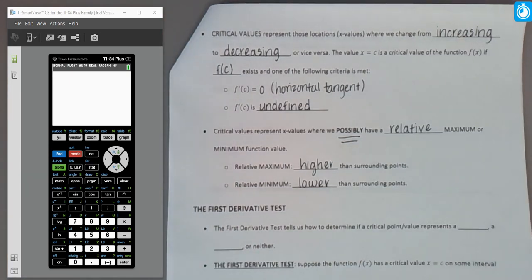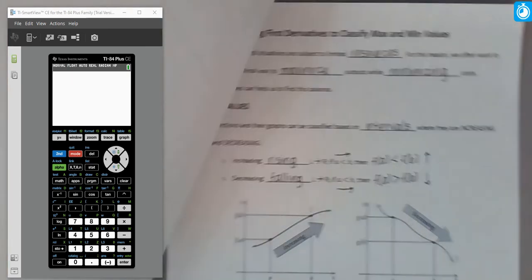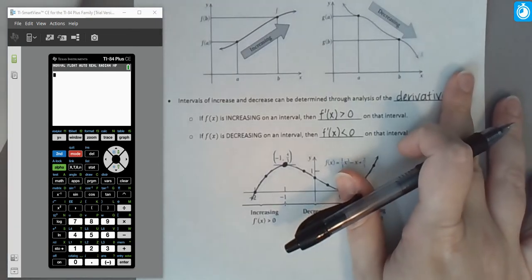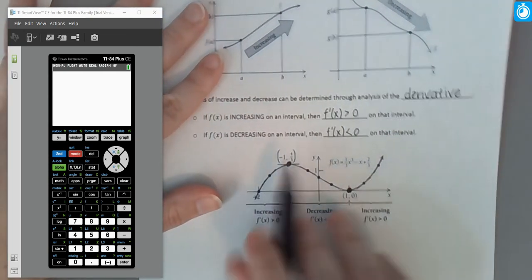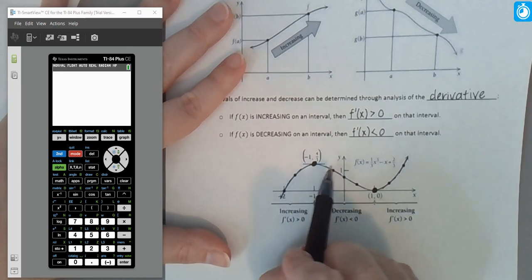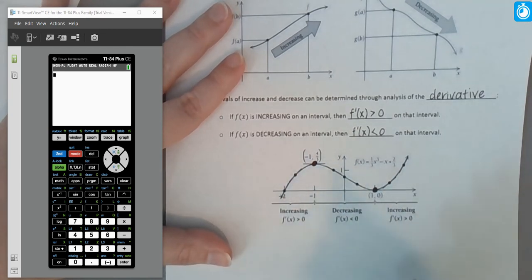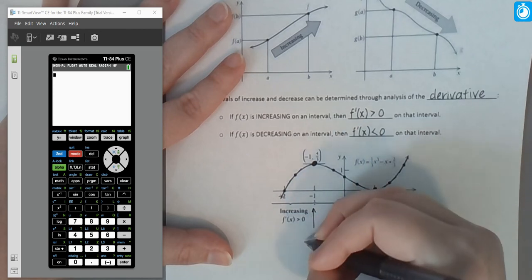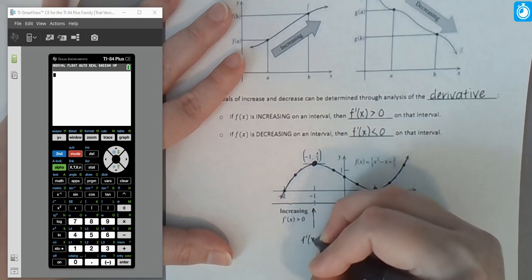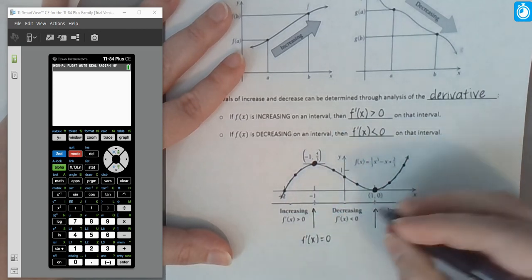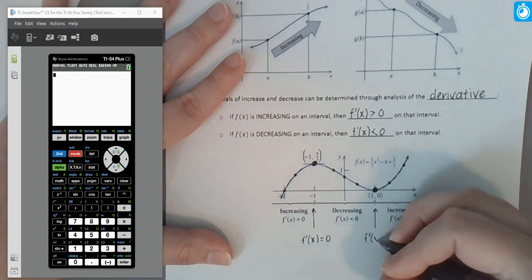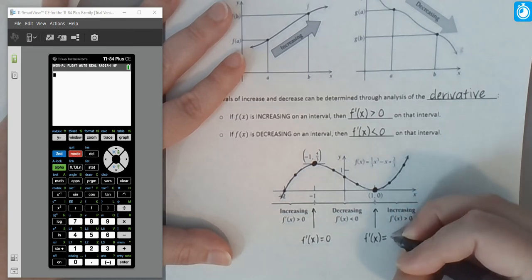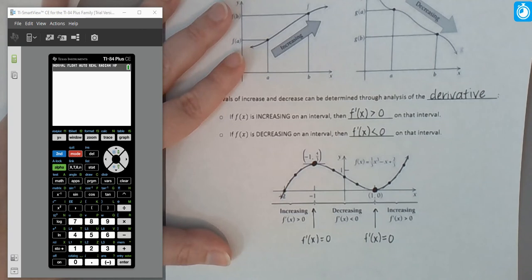So if we were to look back at the graph we had on that first page, again, we noticed the critical values, locations where we would have a horizontal tangent line. Those would be locations where the derivative of our function is equal to 0. So at both of those locations, because the slope of our tangent line is 0, that's the same thing as saying that our derivative is 0.